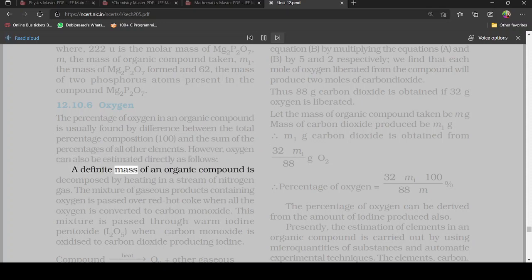A definite mass of an organic compound is decomposed by heating in a stream of nitrogen gas. The mixture of gaseous products containing oxygen is passed over red-hot coke when all the oxygen is converted to carbon monoxide. This mixture is passed through warm iodine pentoxide, I2O5, when carbon monoxide is oxidized to carbon dioxide producing iodine.